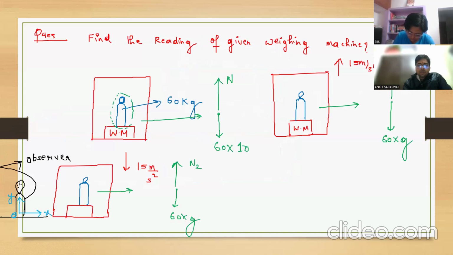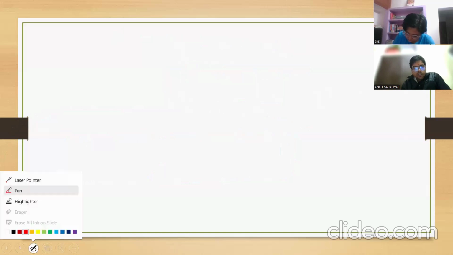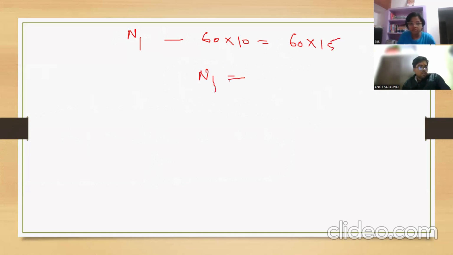Clear? Second case. What is the value of N1 here? If you write Newton's second law equation, N1 minus 60 m into g equals mass of system into its acceleration. Lift is going up, so the acceleration as seen from the ground is 15. Now tell me, in this case, what is the value of N1? Is it 690 newtons? How much? 1500 Newton.